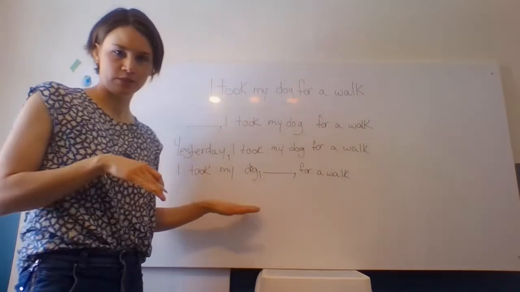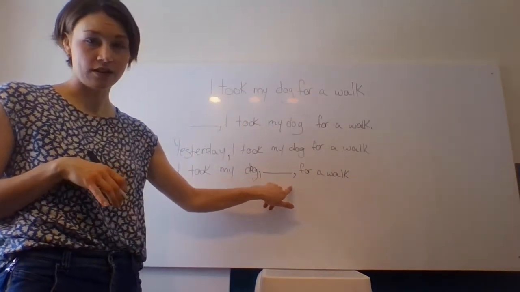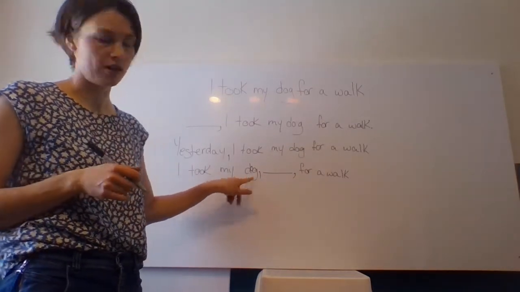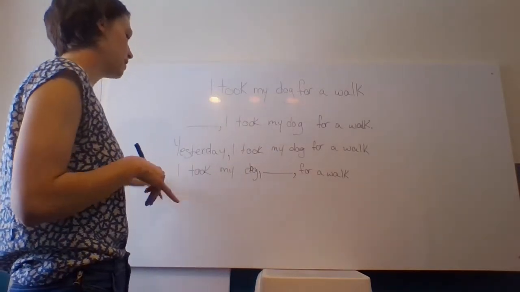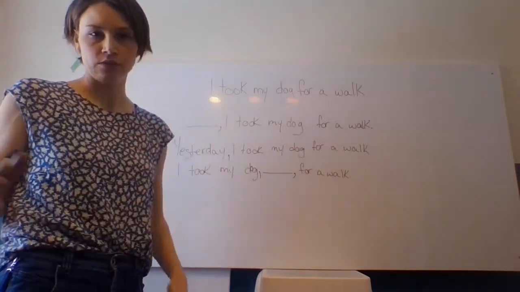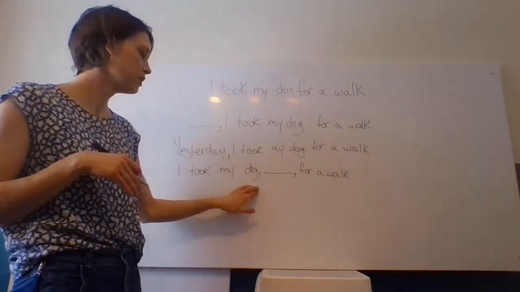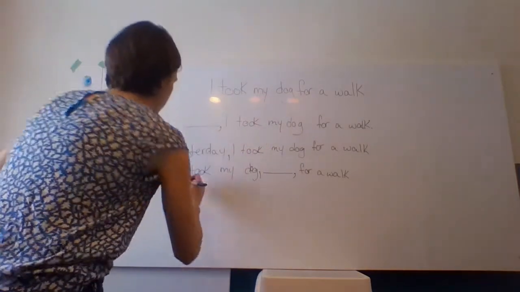Because right before my clause between the 2 commas I have my dog, I'm going to describe something about my dog. I could describe my dog visually, or something about his mannerisms or his characteristics. So I took my dog, a shaggy black poodle, for a walk.